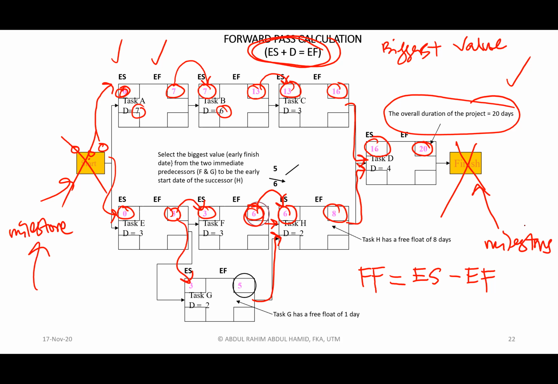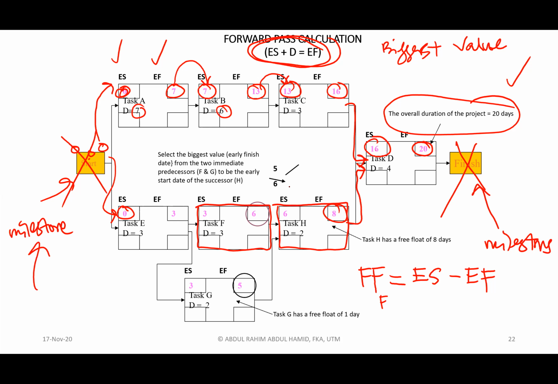For instance, let's take a look at activity F. Let's say we want to identify free float for activity F. First, you must identify the following activity after F. What is the following activity after F? Which is basically H.